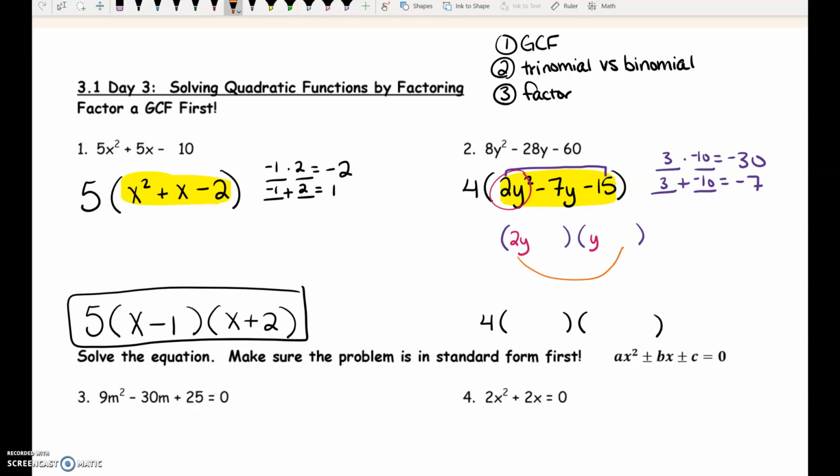Then 2y times something, probably not going to give me the 3, it's probably going to give me the negative 10. So that needs to be a negative 5. And then the y times something, that'll give me the 3, so there's the 3. So my final answer is 4 times the quantity 2y plus 3 times the quantity y minus 5.